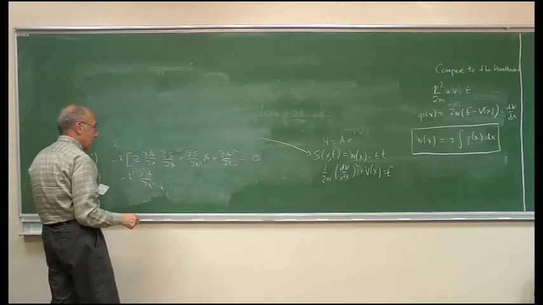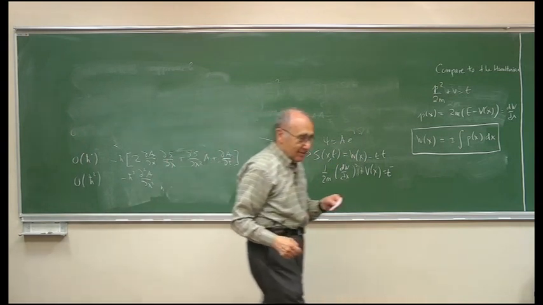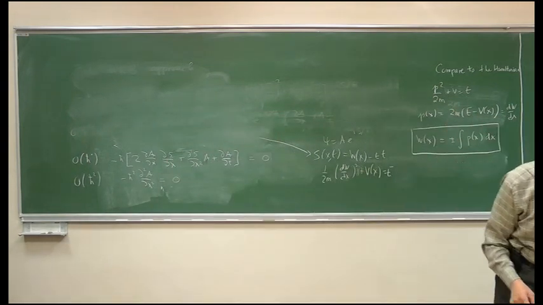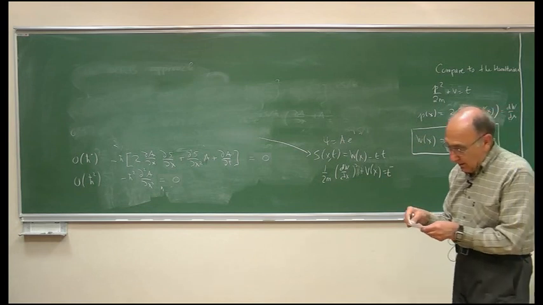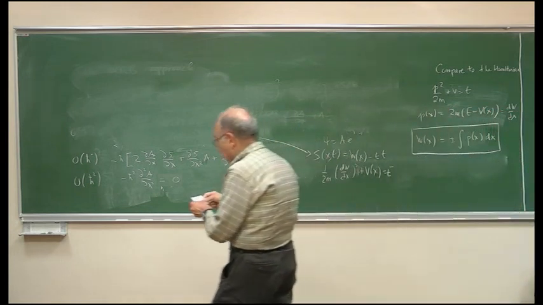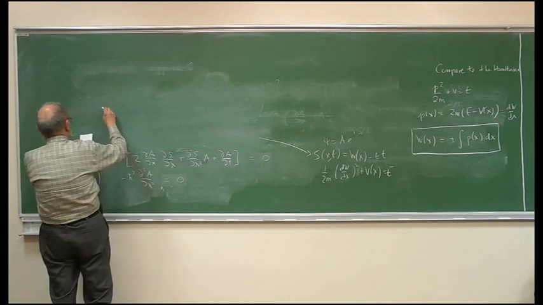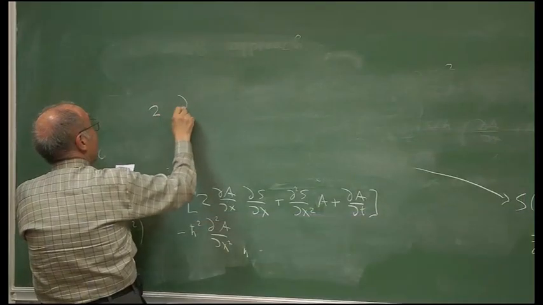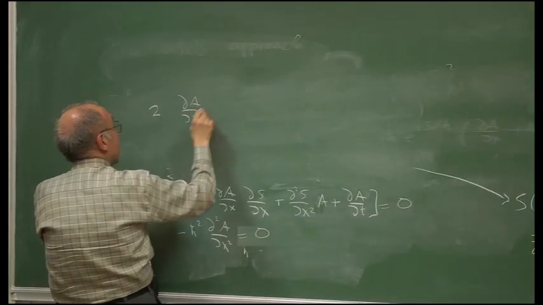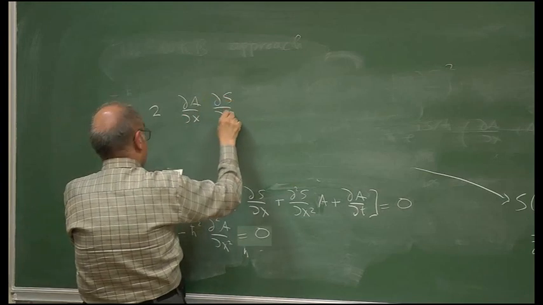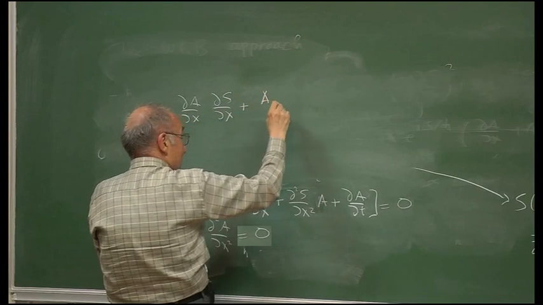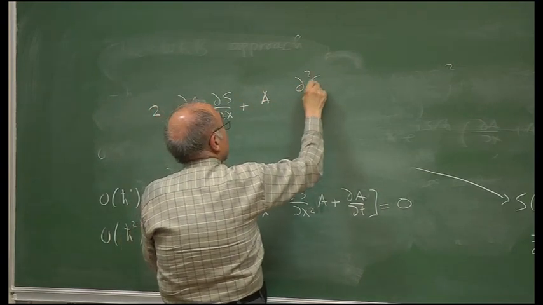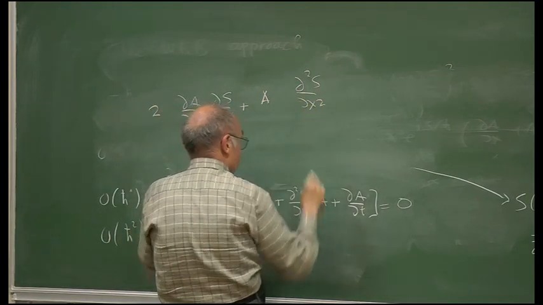Let's look at this one. This will be the last term. I'll write this as 2 dA by dx, dS by dx, plus A times d squared S by dx squared.